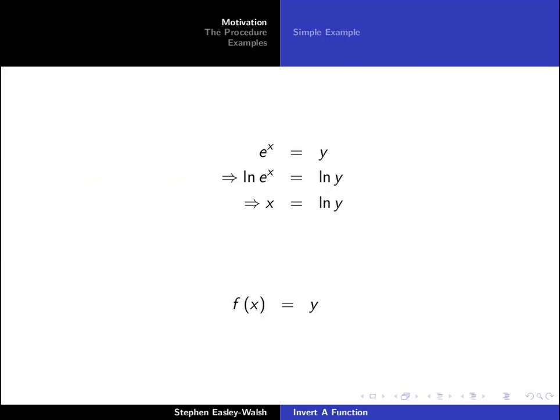So the question is, if I have some general function f(x) = y, how can I find what x is? In other words, how can I find the function required to cancel the f?